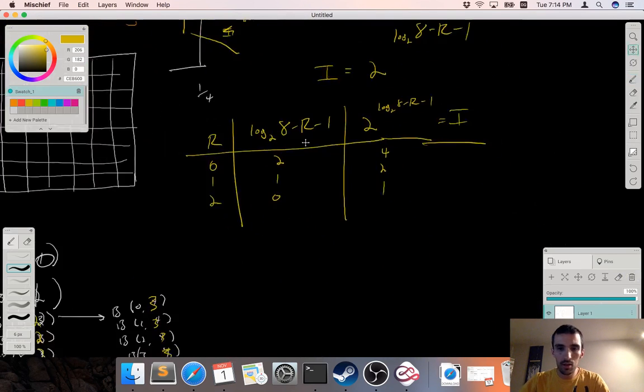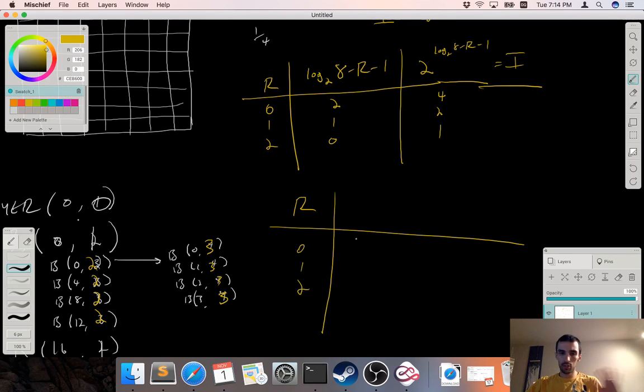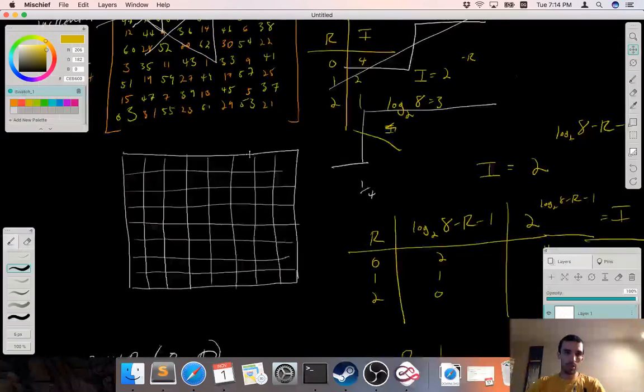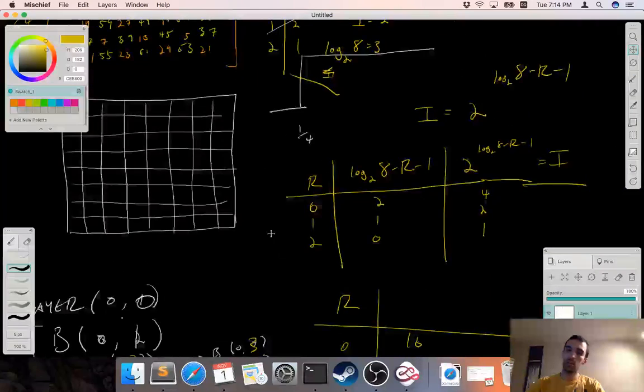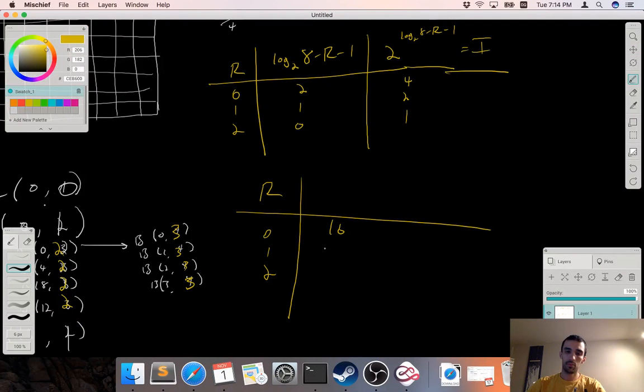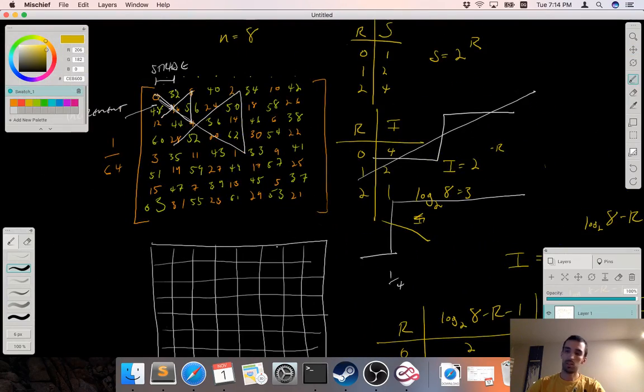So wrong. I did the math wrong. At recursion level 0, it should be 16 because I go 0, 16, 32, 48. So there's my problem. And then it goes down to 8, and then it goes down to 4.